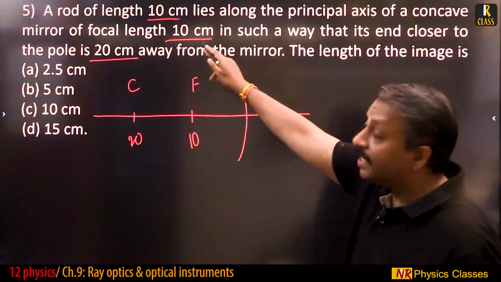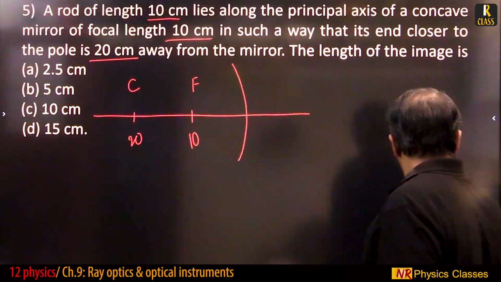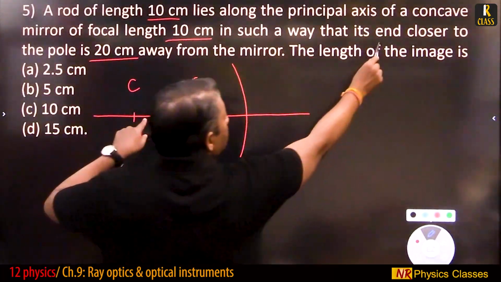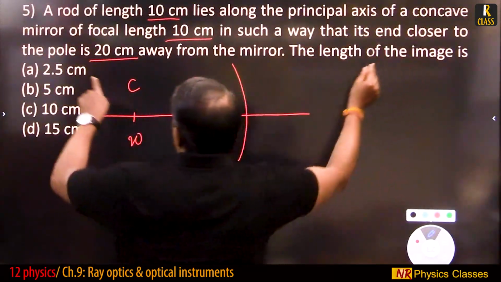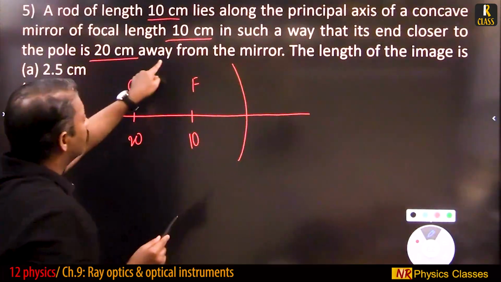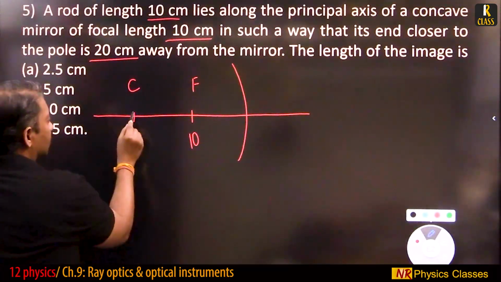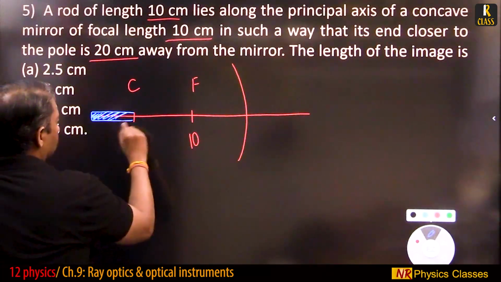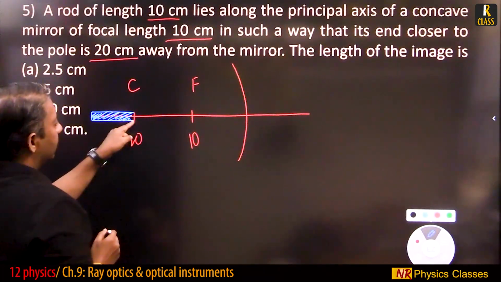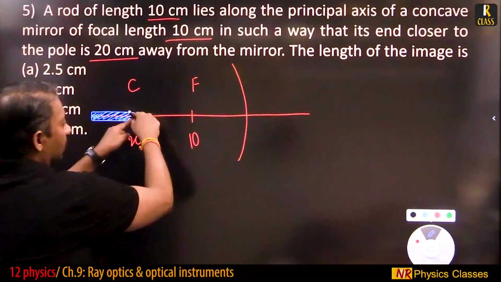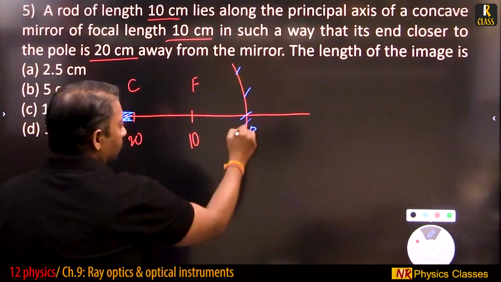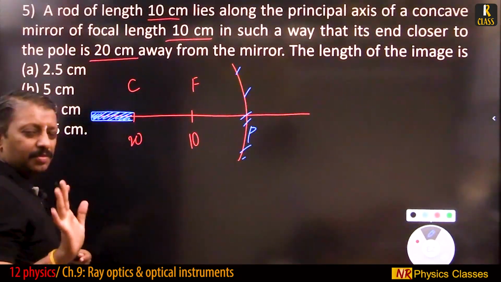Now, a rod of length 10 cm is placed such that its end closer to the pole is 20 cm away from the mirror. So, this is the rod. The end is 20 cm away. So this is the pole. Of course, let us not shade the mirror.